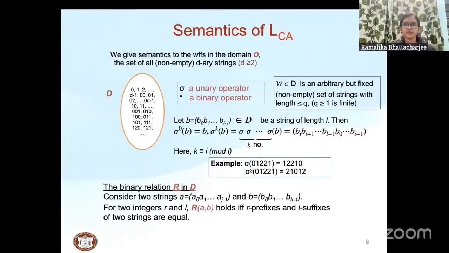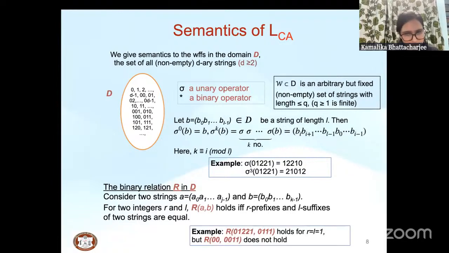Our binary relation that we have taken in the syntax is now defined like this. Suppose we have two strings A and B. R of AB holds if and only if the R prefixes and L suffixes of these two strings are equal. Take an example.